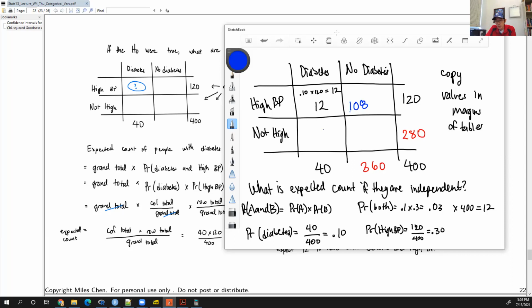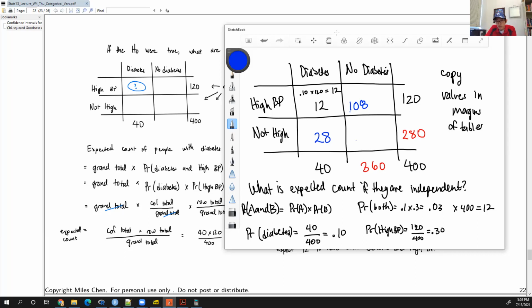And if I have 12 here, then I have to put 28 here in order for these two to add up to 40. 12 plus 28 adds up to 40. Likewise, 28 plus something has to be 280, or 108 plus something has to be 360.